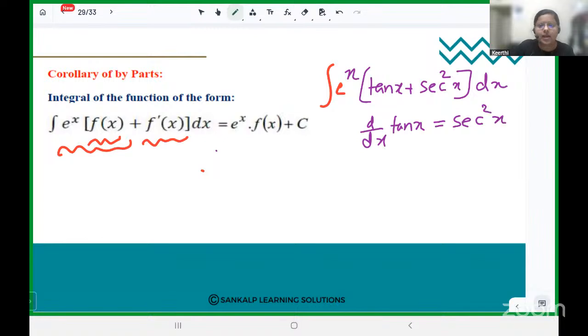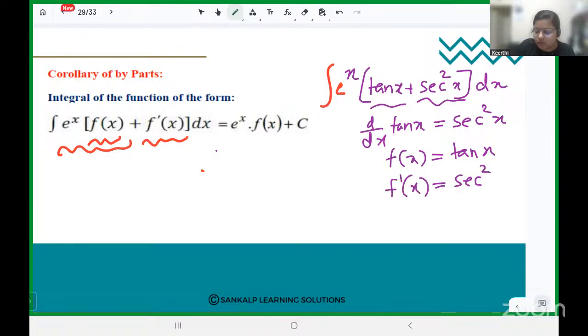So if I choose f of x to be tan x, then sec square x is nothing but f dash of x. f dash of x is equal to sec square x.